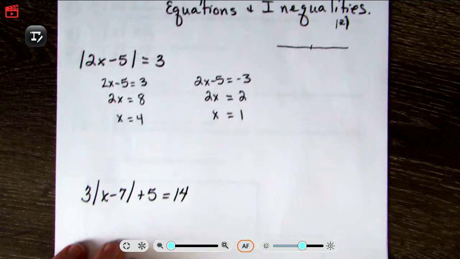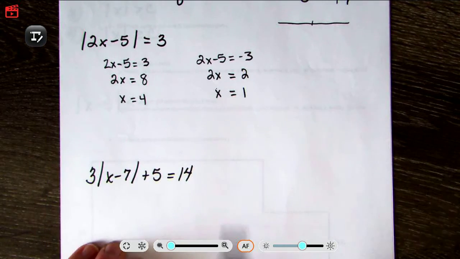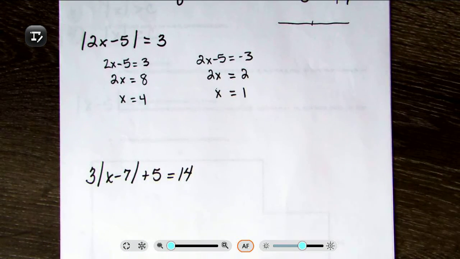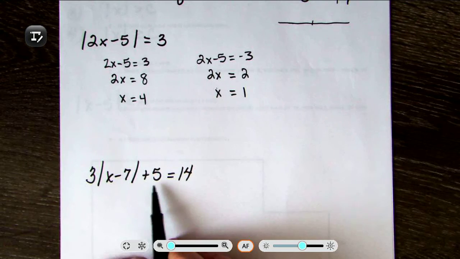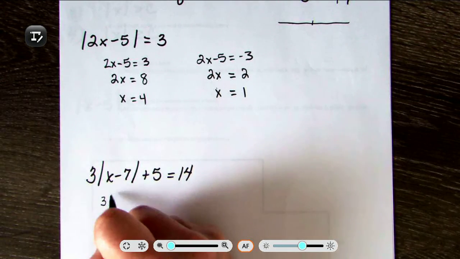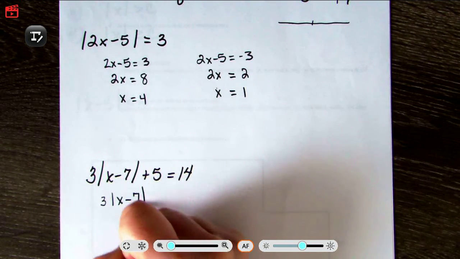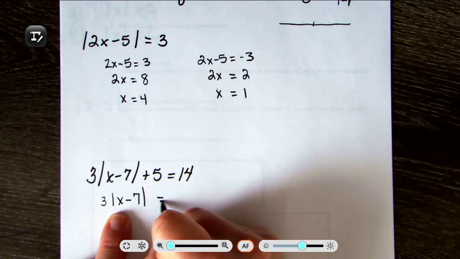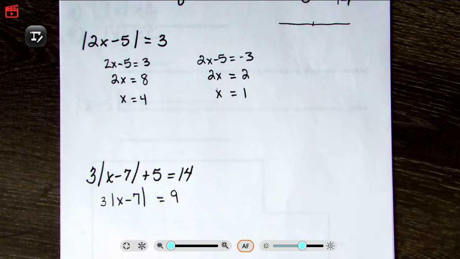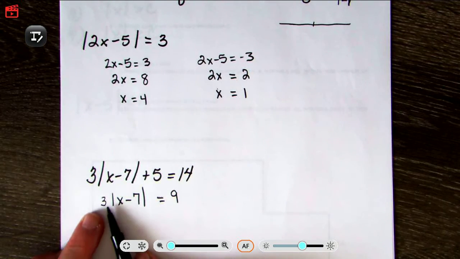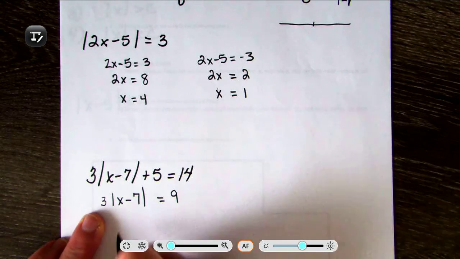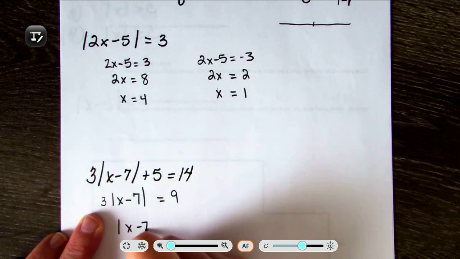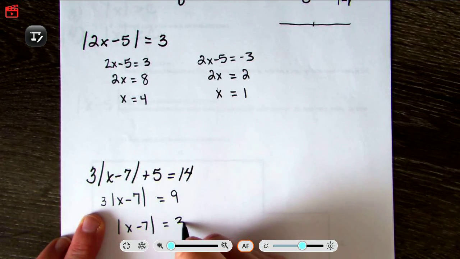Sometimes they're a little bit more complicated, and the thing to do here is to isolate the absolute value part first. So I'm going to first subtract 5 from both sides. Subtracting 5, we get that 3 times the absolute value of x minus 7 is equal to 9. Now I will divide both sides by 3 so that I have the absolute value of x minus 7 equal to 3.